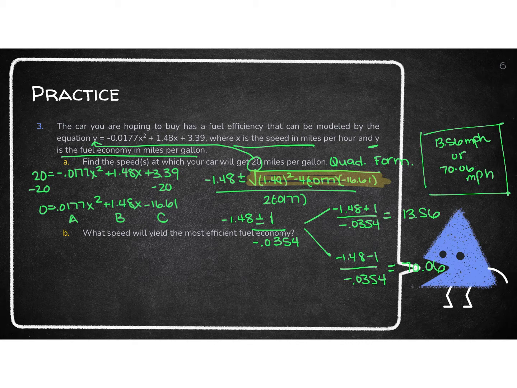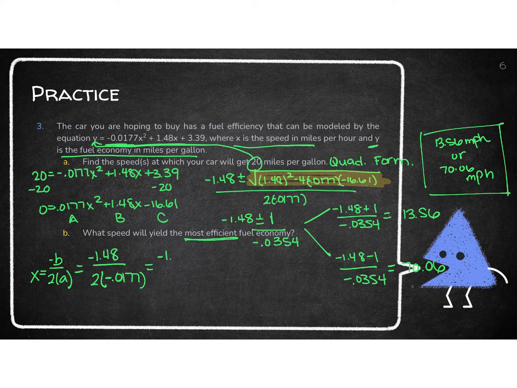Okay. Looking at part B, what speed will yield the most efficient fuel economy? So most efficient is saying like your maximum. So that tells me I'm going to do x equals opposite of b over 2 times a. So looking at my original equation, opposite of b, so negative 1.48 over 2 times negative 0.0177.